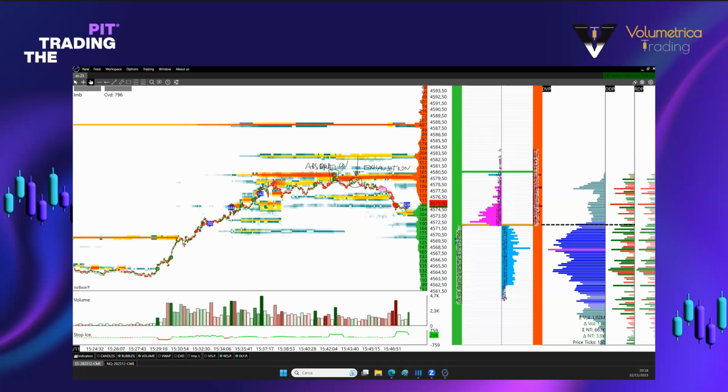Why? Because an absorption tells me that despite their effort, they can't go through. They're struggling. The exhausted pullback tells me that this time they are not even trying to break through.